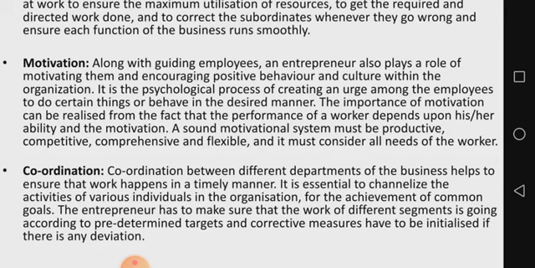It is a psychological process of creating an urge among the employees to do certain things or behave in a desired manner. The importance of motivation can be realized from the fact that the performance of a worker depends upon his or her ability and the motivation. A sound motivational system must be productive, competitive, comprehensive, and flexible, and it must consider all needs of the worker.